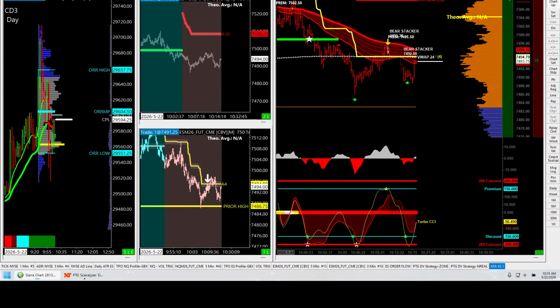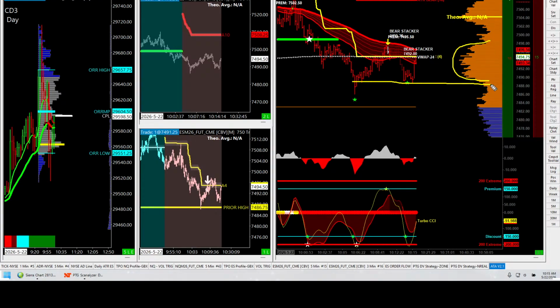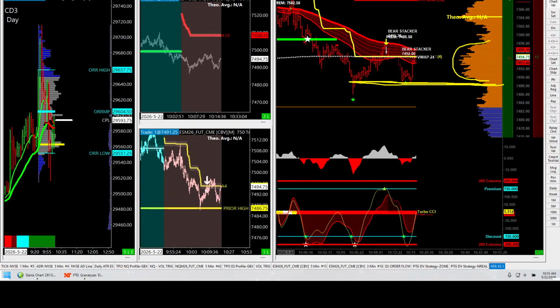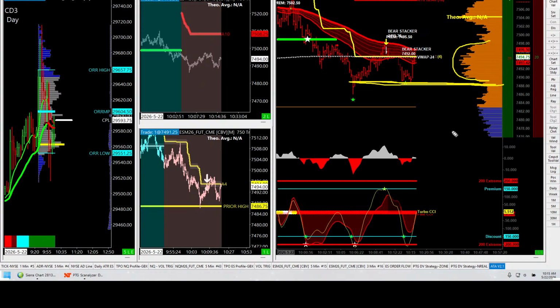You get a nice little slug of volume right over here in this volume profile. So we're looking at this edge over here, and then again this edge up here.